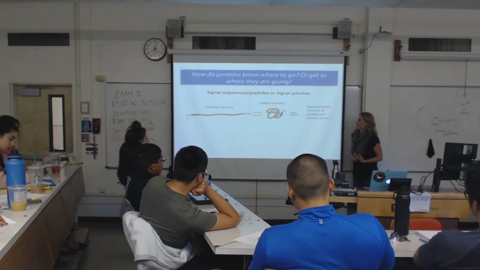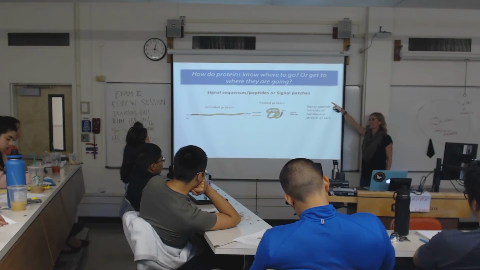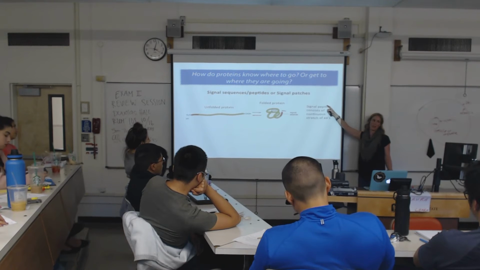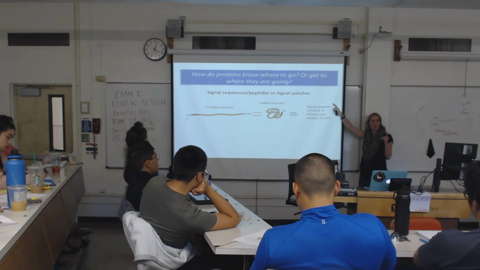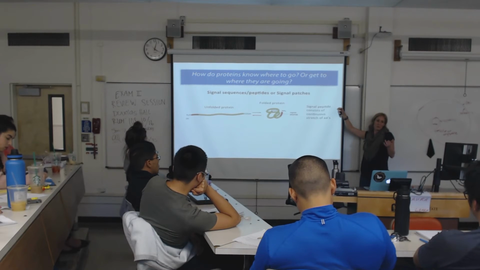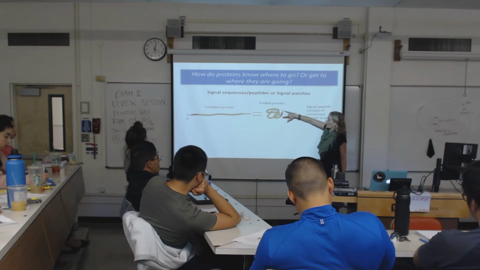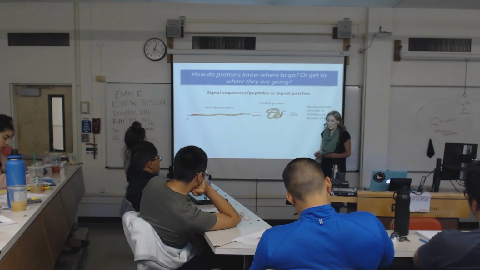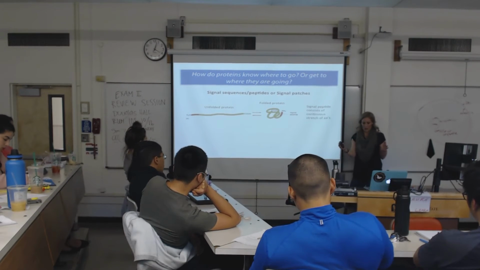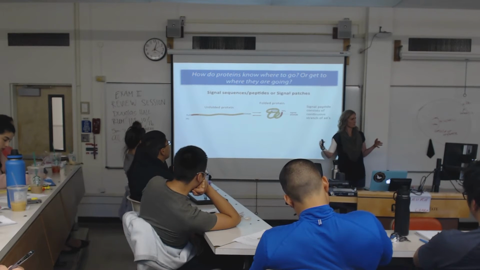Okay, so a signal sequence, which is often used interchangeably with signal peptide. I will use them interchangeably, and just know those are the same thing. It refers to a contiguous stretch of amino acids. The signal peptide is drawn in red. The amino acids that make up that signal peptide are all right next to each other in the sequence.